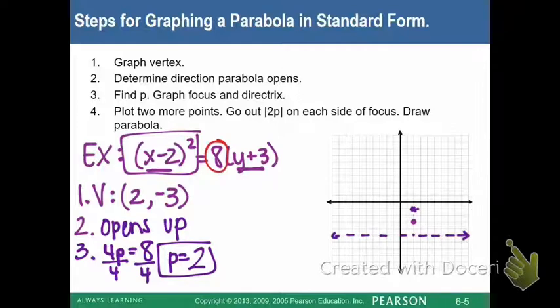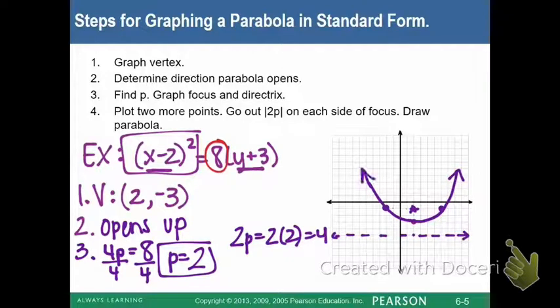So I'm going to do 2p, multiply that by 2. 2 times 2 is 4. So I'm going to go out 4 units on either side. On the right side of the focus, I'm going to go out 1, 2, 3, 4 units and make a dot there. Left side, 1, 2, 3, 4 units, make a dot there. And then that gives me a guide of what my parabola actually looks like.